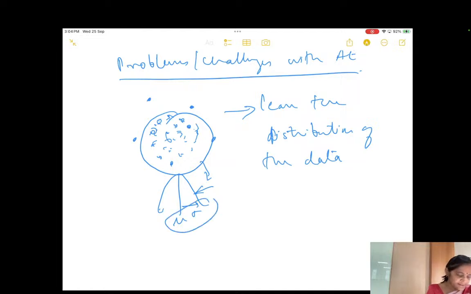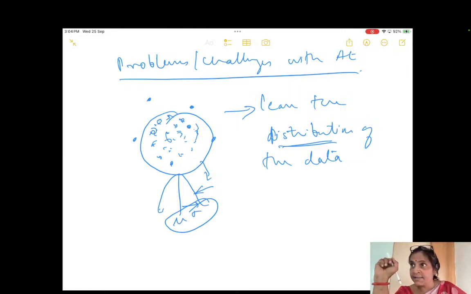I'm learning this. When the new data comes in, I ask: is it coming from the same distribution or not? If the answer is yes, then I'm making an inference depending on that.